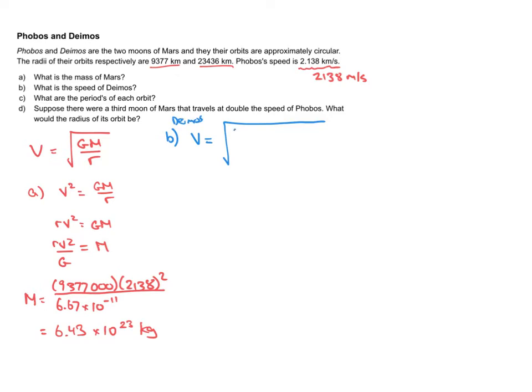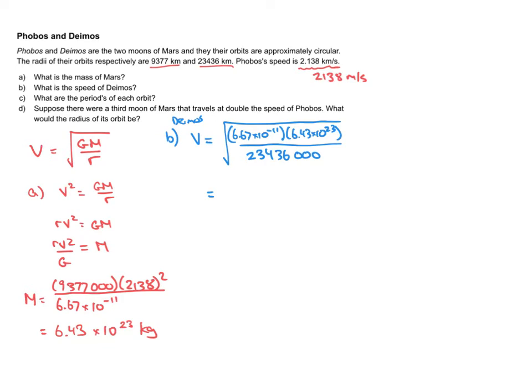So g, now the mass that I just calculated, and now the radius of Deimos converted to meters, so 3 more zeros, and that should get me the answer.